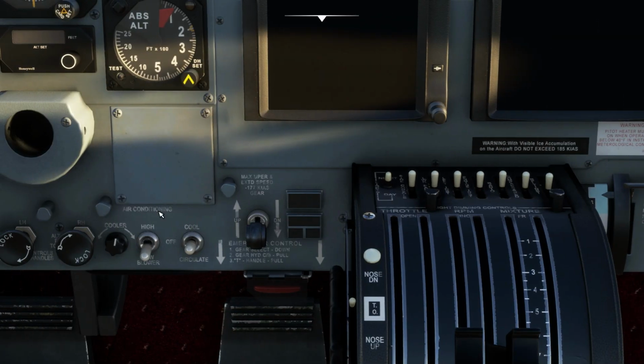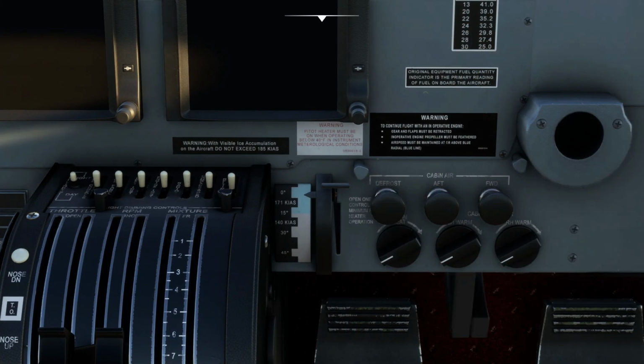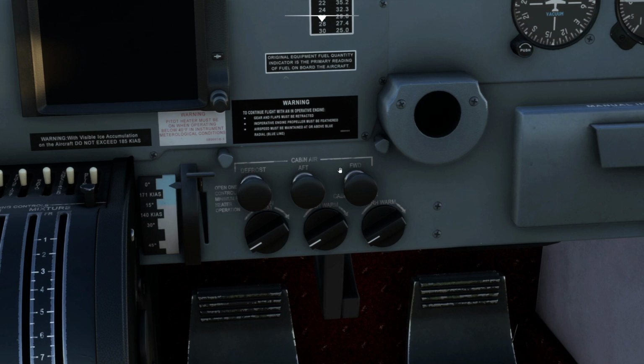Oh, by the way, for this you need hydraulic pressure, so it won't work unless the engines are turning. This is cabin air. This heats up the air, basically. This is the flaps handle and the flaps indicator and the flaps safety regions.